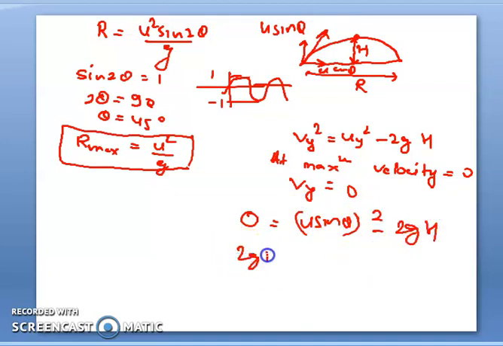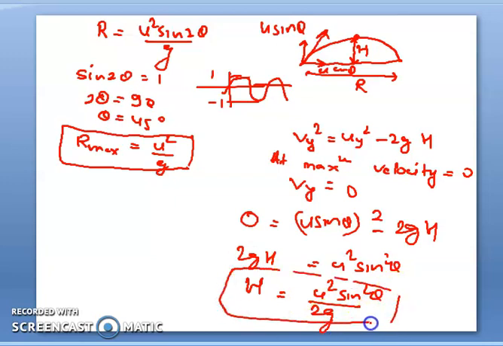We can write 2gh is equal to u square sin square theta, and h is equal to u square sin square theta upon 2g. So this is the maximum height achieved by the particle when it is thrown in a parabolic shape, or in projectile motion. Okay, so now using this we will solve a few questions based on this.